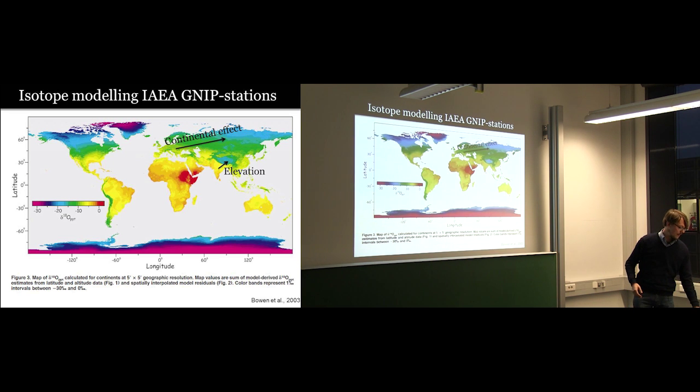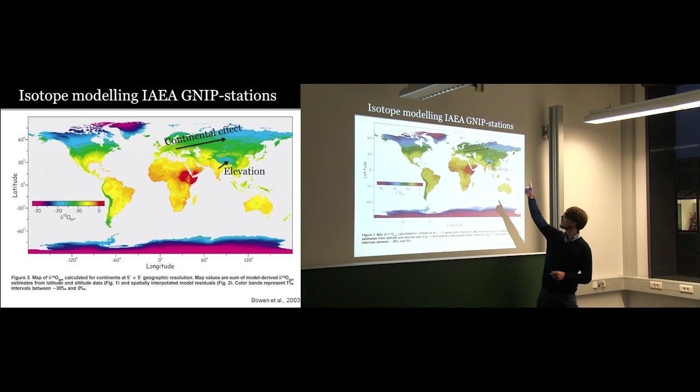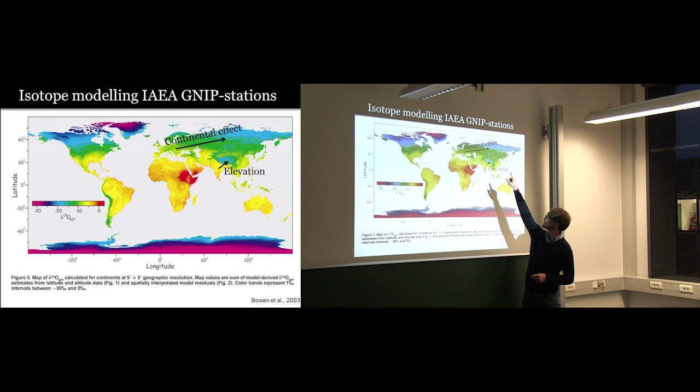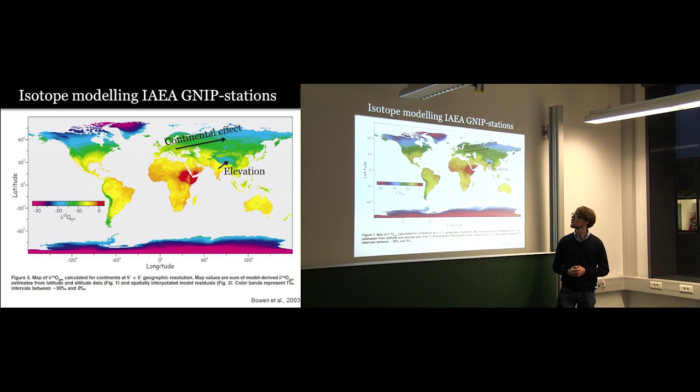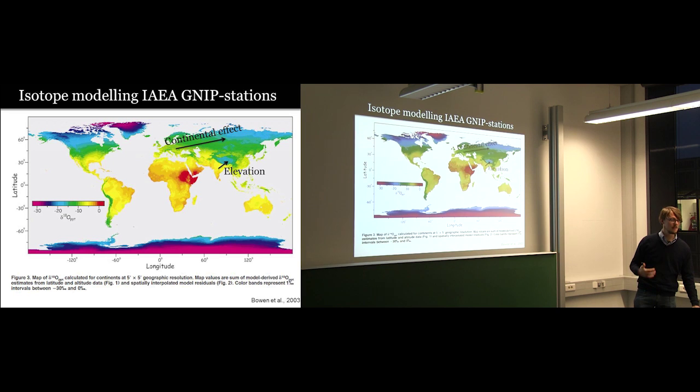There's a second effect, on shorter distances, and this is the elevation effect. For example, if you look here at India, if you go up in elevation, you see over a very short spatial scale quite large changes in delta 18O, due to the impact of elevation, which is related to temperature as you go up.